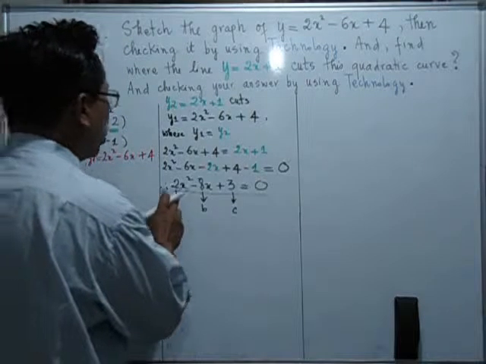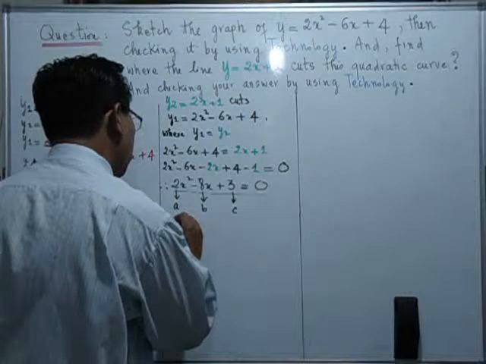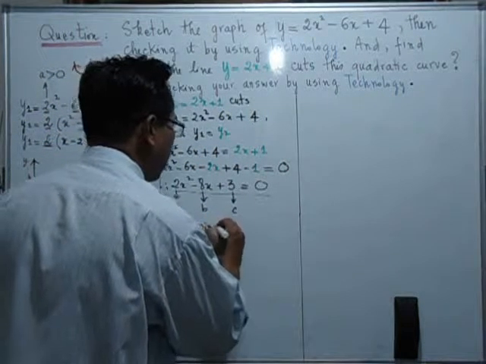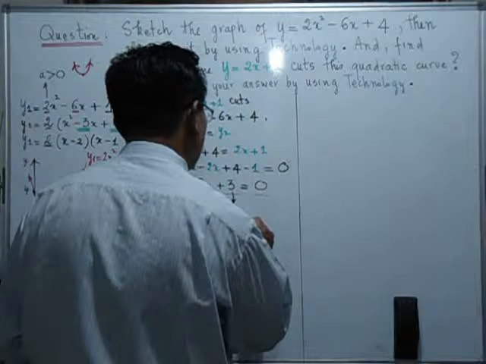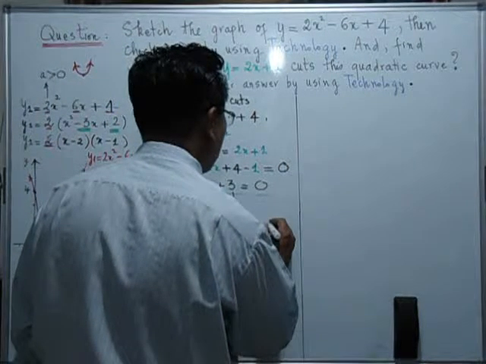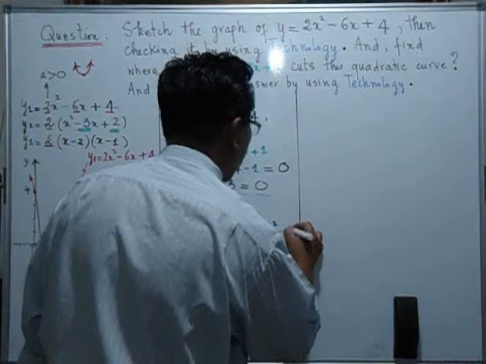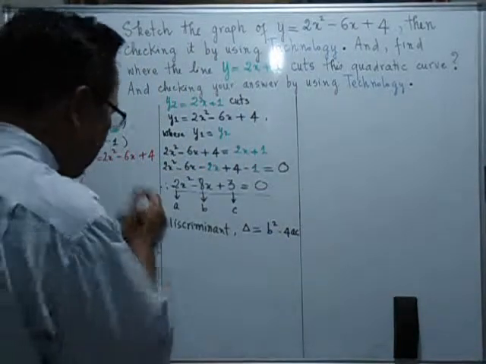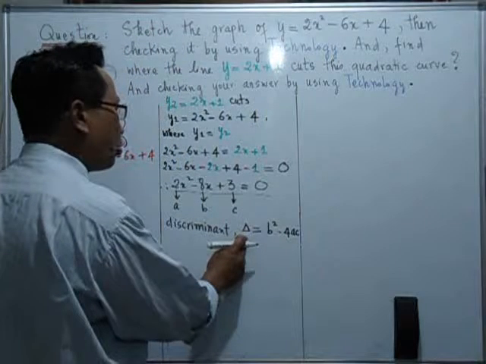So we have to check the discriminant. It means the delta, delta equals b power 2 minus 4ac. So we must check this delta.